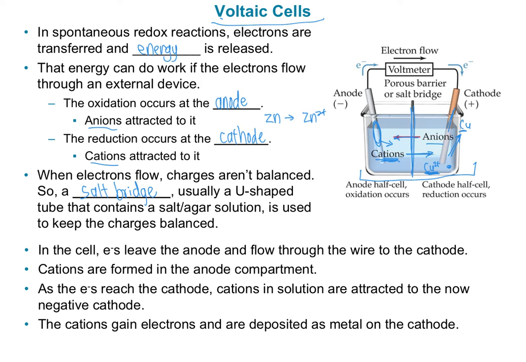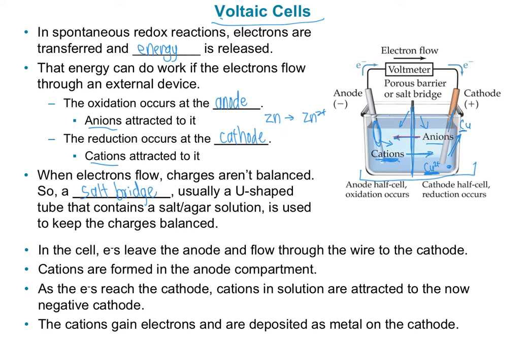So once that positive charge gets taken out, the salt bridge will throw in some extra cations, like sodium, for example, that's not going to react, and it will help balance out that charge. And on this side, where we have our cations being formed, it'll throw in some anions to balance out those charges, so we don't have some electricity happening here.